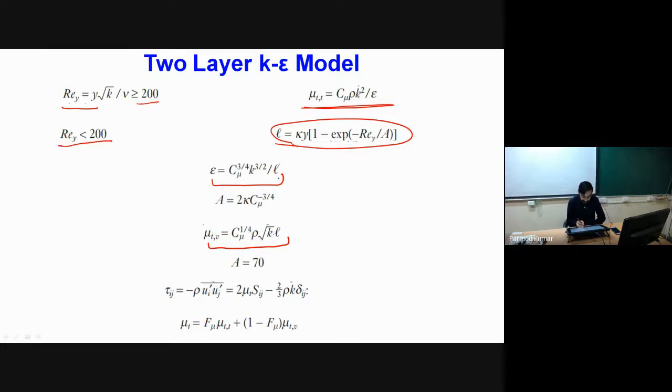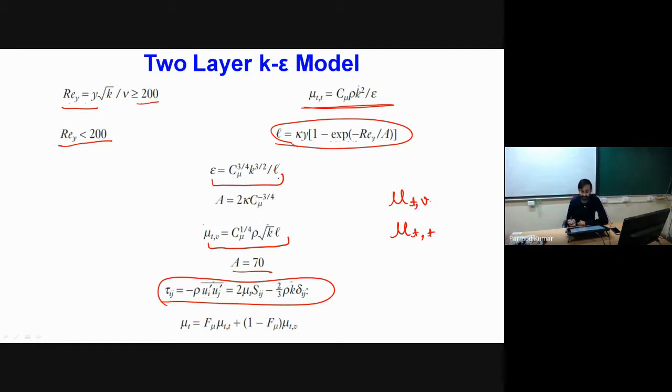Over here we also have the coefficient A, which is taken as equal to 70. Then we use the Boussinesq approximation for Reynolds stresses, but the difference is that in the near wall region we use mu TV, and in the region away from the wall we use mu TT.